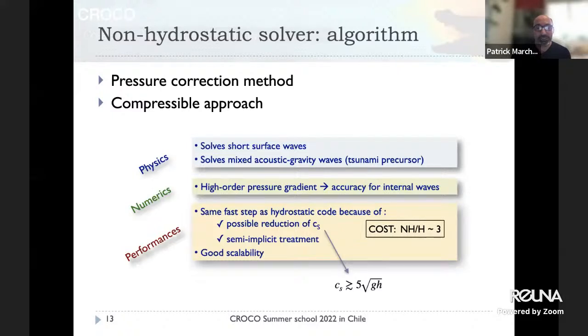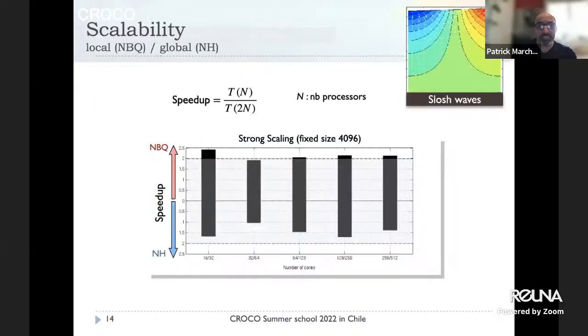Then another step is to use a semi-implicit treatment in order to reduce the burden on the time stepping. And then we account for the good scalability for parallelization. This is a very good advantage if you use massive parallelization for very large problems.